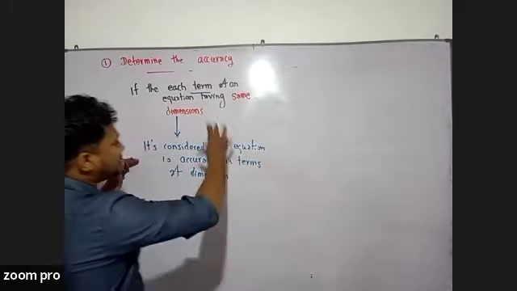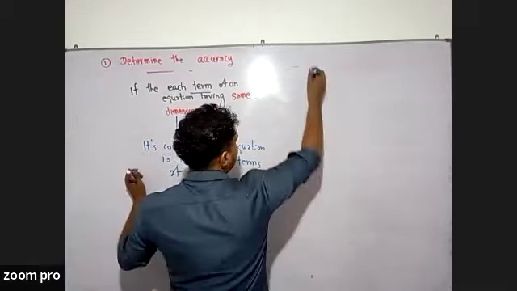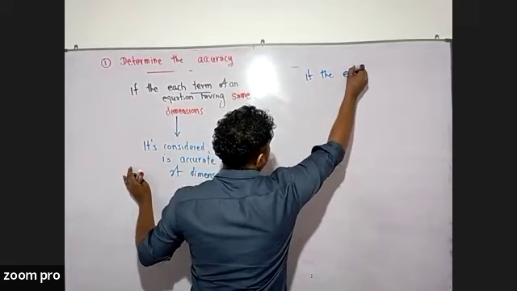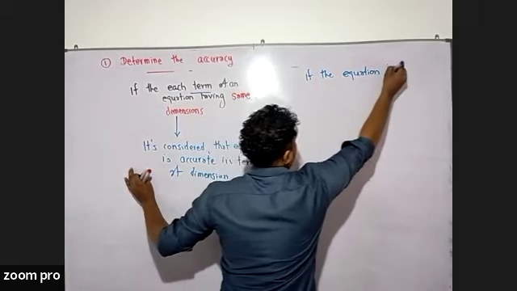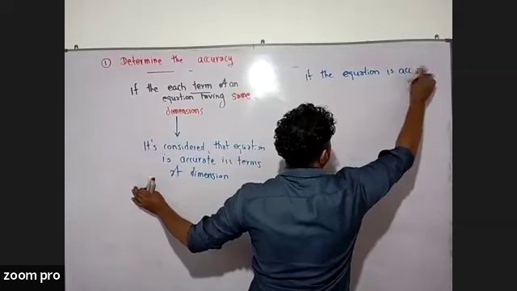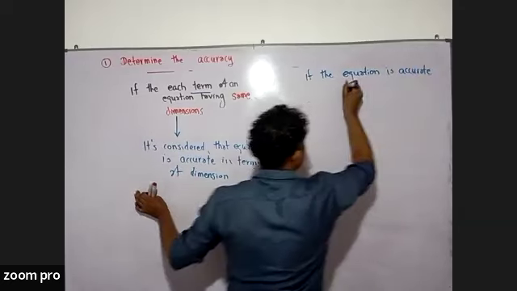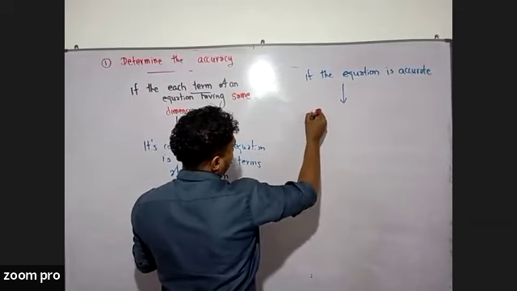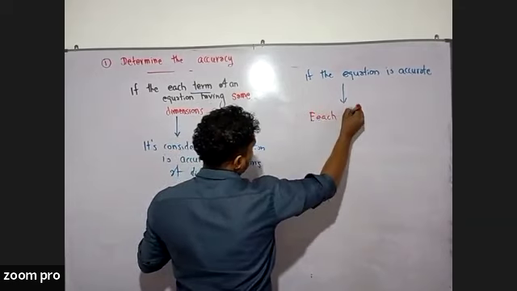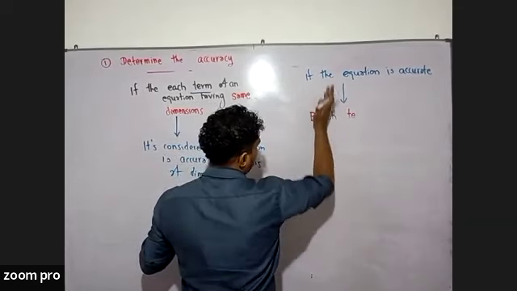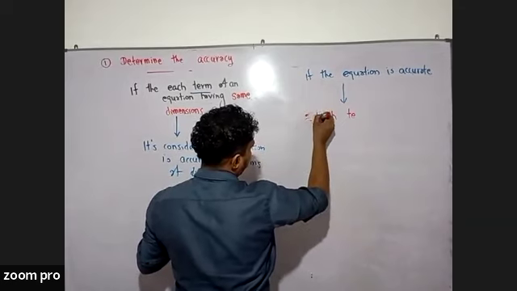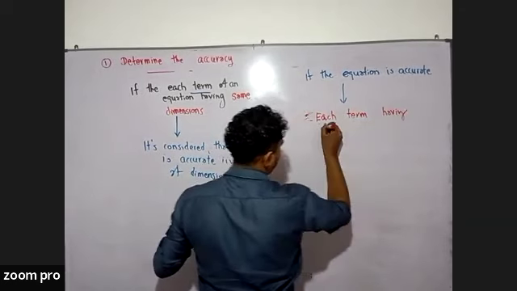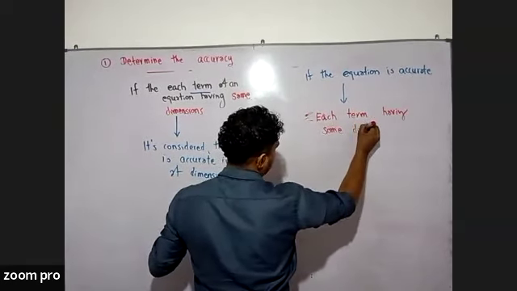On the other hand, we can consider the reverse of this theorem: if the equation is accurate, then we can come to the conclusion that each term has the same dimensions.